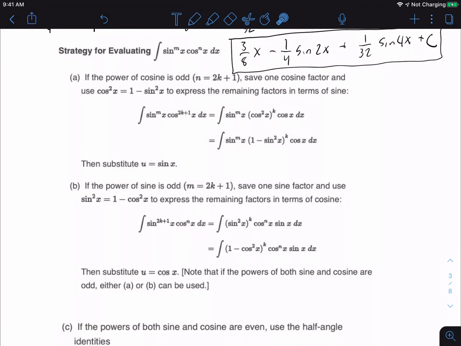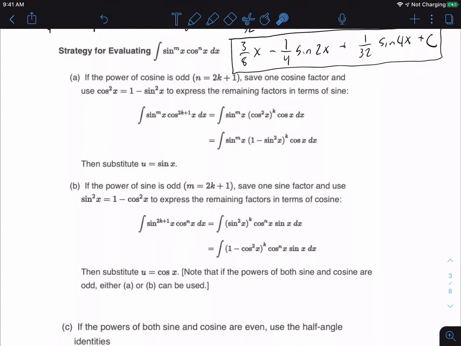So when you have sine and cosine's an odd, you break up the cosine so that everything can be written in terms of sine. And then your u becomes sine of x. Okay? If sine is the odd power, then you're going to manipulate sine to be broken up and write everything in terms of cosine, and then u is going to be your cosine, like they say right here.